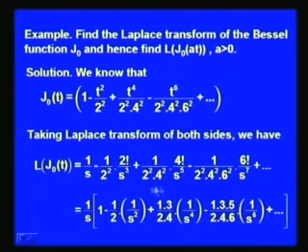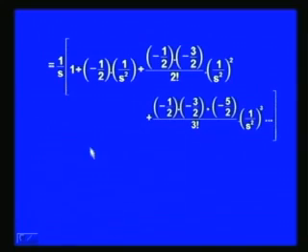So, we have written the right hand side in a proper form, so that we can write it as follows. This is further equal to 1 by s times 1 plus (minus half) into 1 by s square plus (minus half) into (minus 3 by 2) over 2 factorial into (1 by s square) raised to the power 2 plus (minus half) into (minus 3 by 2) into (minus 5 by 2) over 3 factorial into (1 by s square) raised to the power 3 and so on.